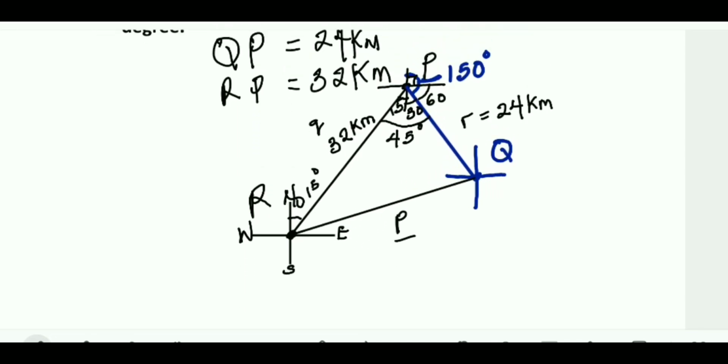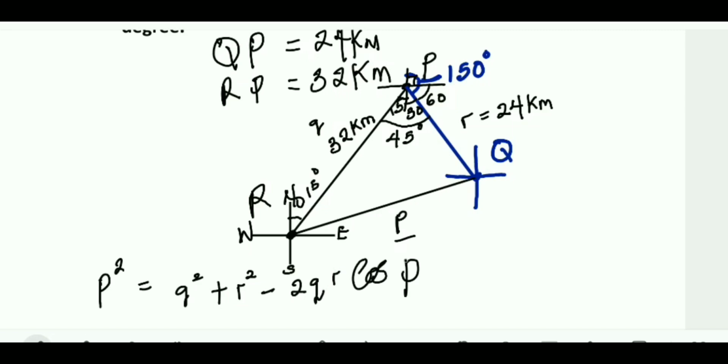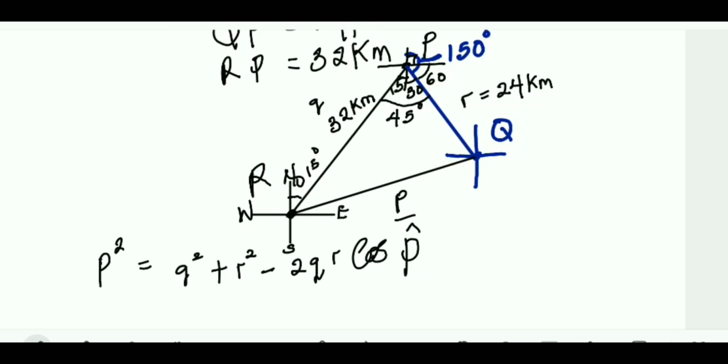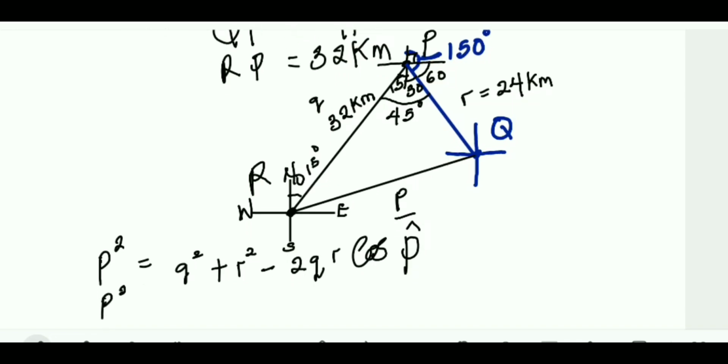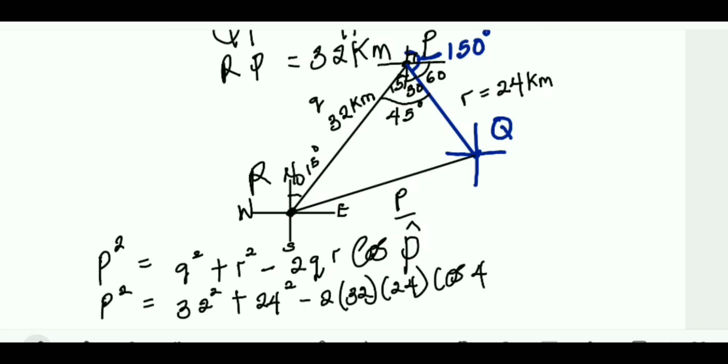The cosine rule states that the square of a side, P squared, is equal to the sum of the squares of the other two sides, q squared plus r squared, minus the product of 2 and the other two sides, cos P. That's angle P. So here P squared equals 32 squared plus 24 squared minus 2 times 32 times 24 cos 45 degrees.